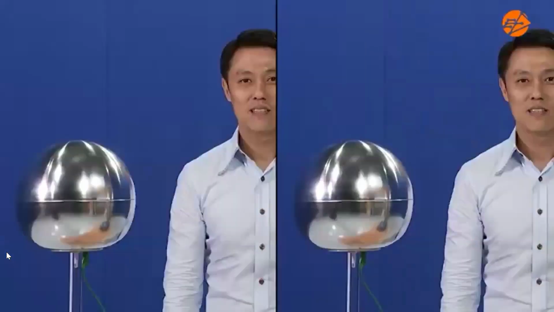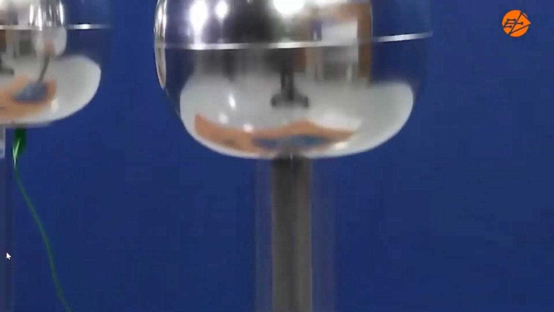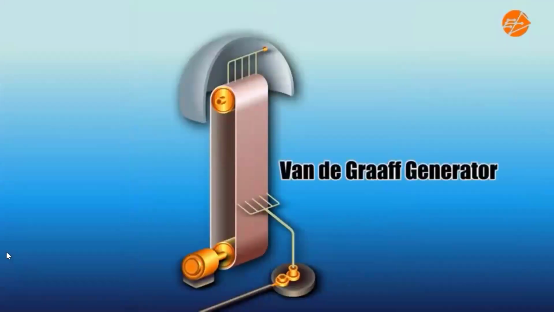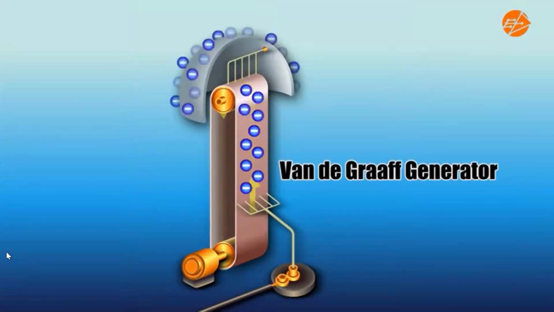This is a Van de Graaff generator. It is used to generate and store charges. Large electrostatic charges can be produced using a Van de Graaff generator. Charges from the high voltage supply are carried by the conveyor belt and stored on the semi-circular metal dome.